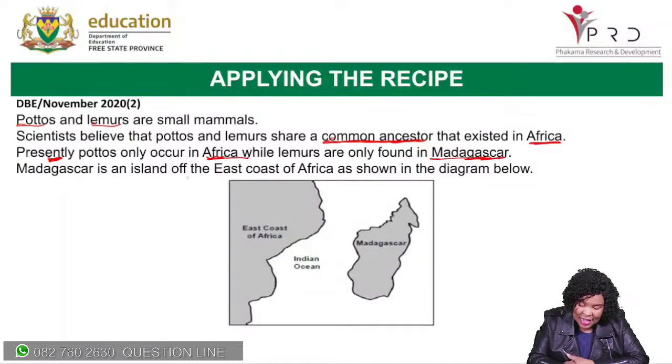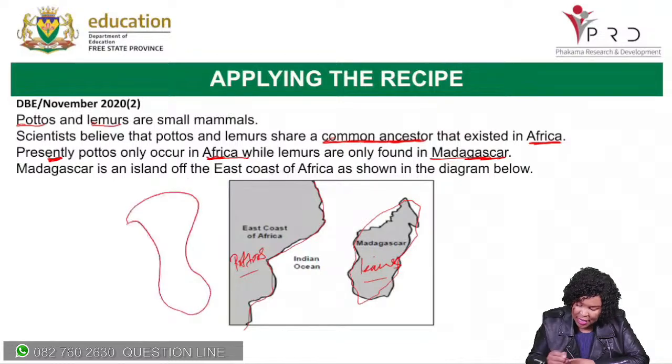Now, Madagascar is an island off the east coast of Africa, as shown in the diagram below. So here is the east coast of Africa, and here is Madagascar. So we learned that Madagascar is where you now find the lemurs, and the potos you find in Africa. But scientists believe that potos and lemurs shared a common ancestor that lived somewhere in Africa.